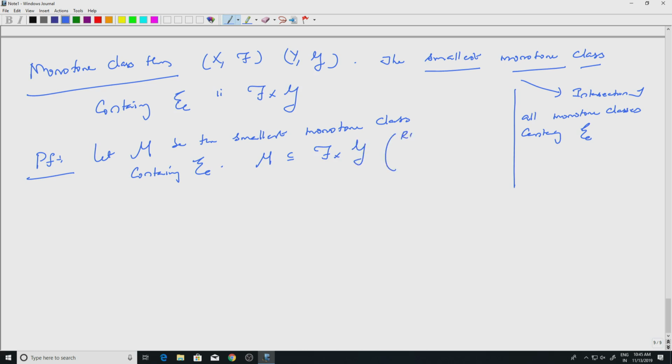So the right-hand side is a sigma algebra, and so a monotone class. Increasing limits are simply the unions, and countable unions are in a sigma algebra, and it contains all the elementary sets. So script E is contained in F cross G, and so M will be contained in F cross G because M is generated by E.